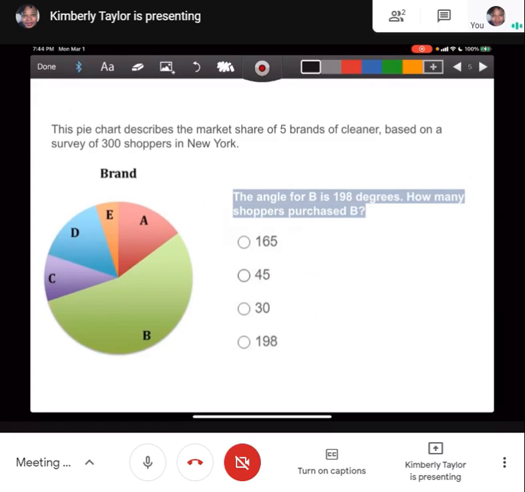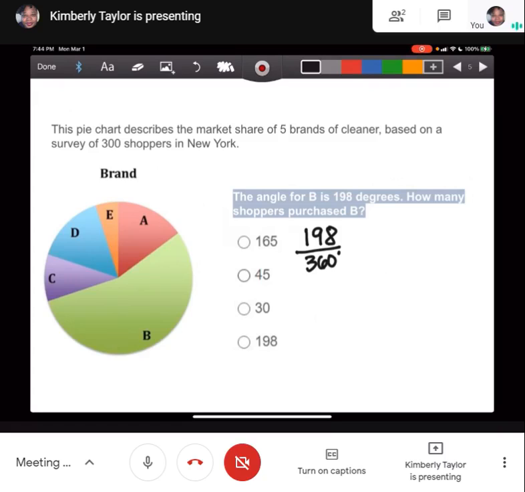For this question, of course, we're using the same pie chart. The question says, the angle for B is 198 degrees. How many shoppers purchased B? So, in order to do this, we basically do the opposite now. I'm going to do 198 degrees out of 360 degrees, because that's how many total degrees are in a circle, or one revolution of a circle.